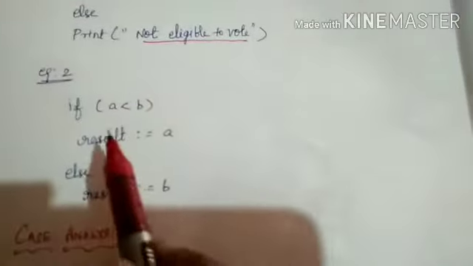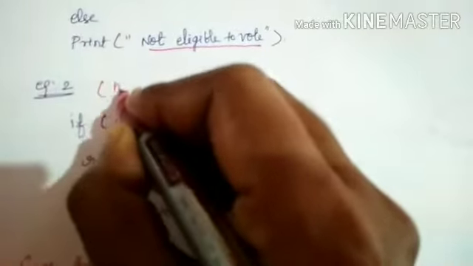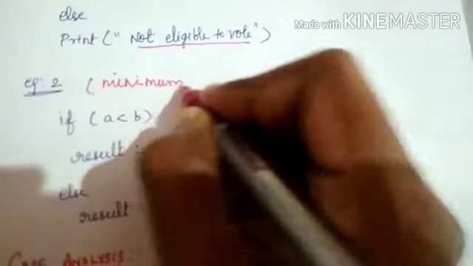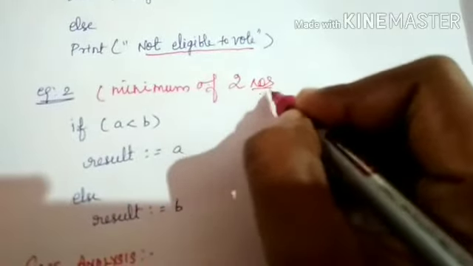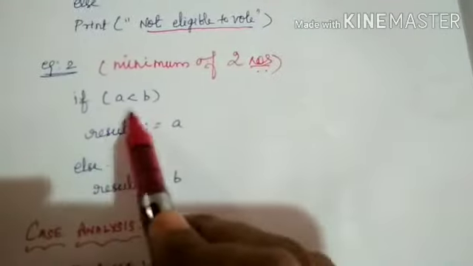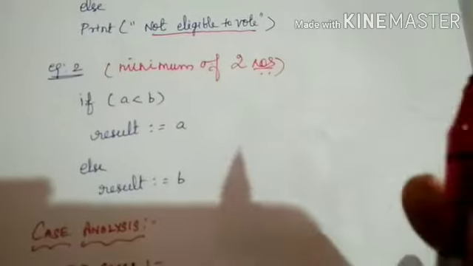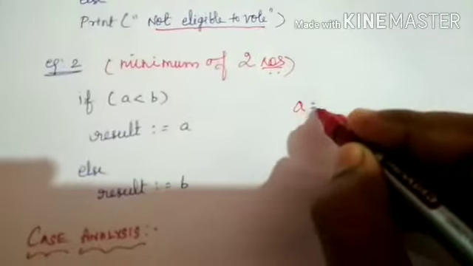One more example is given in your book. If A less than B, here find the minimum of two numbers. If A less than B, result equal to A. For example, A equal to 5, B equal to 10.